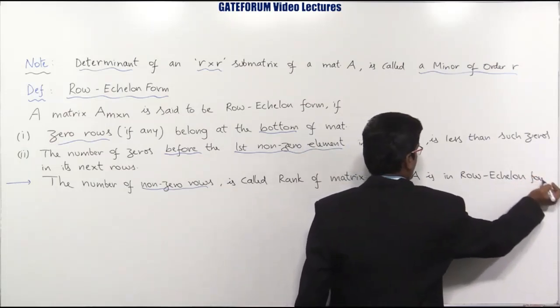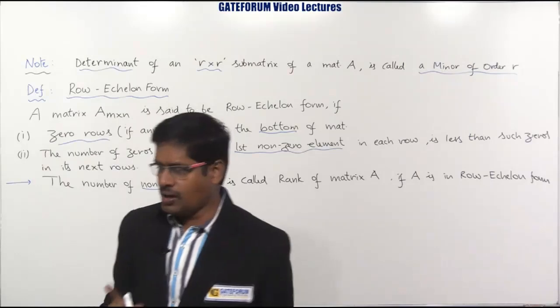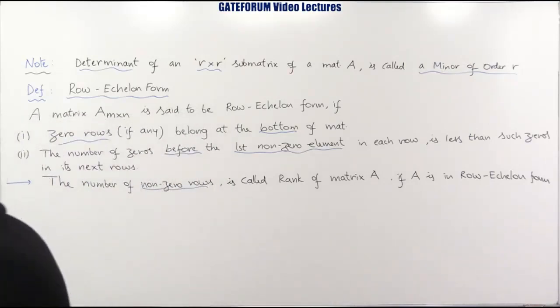When a given matrix is in row echelon form, then only the number of non-zero rows is called the rank of matrix A.